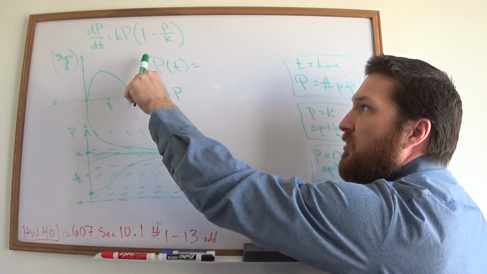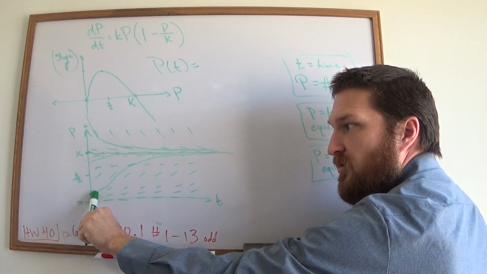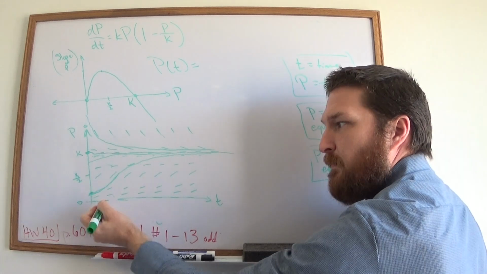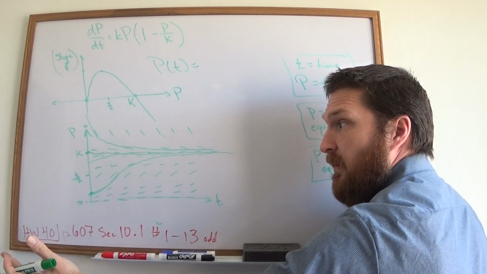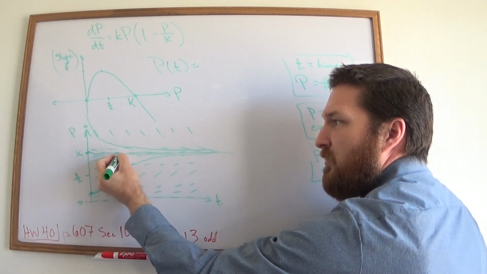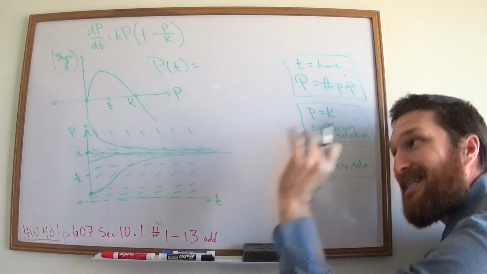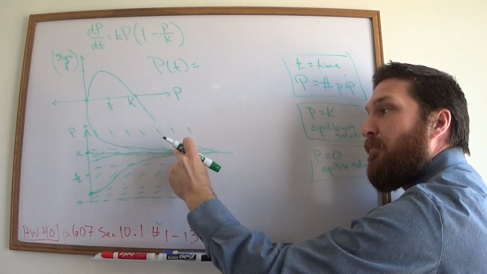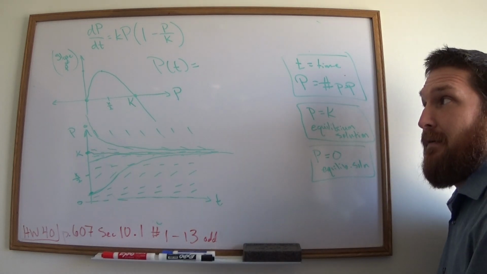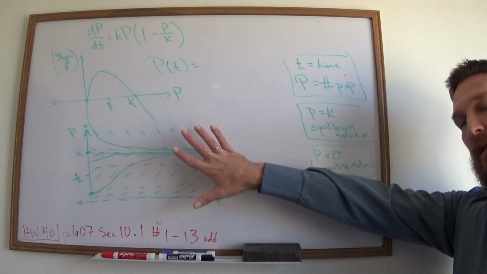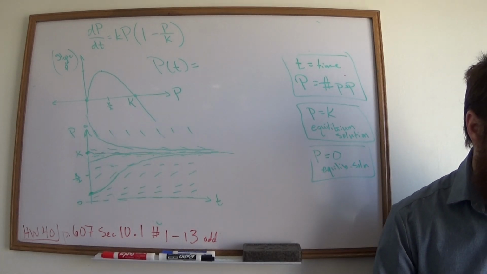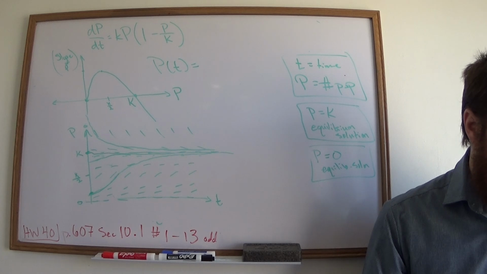If your population starts off small, it looks exponential, doesn't it? It comes up like an exponential. Yeah, that's what we said. If it's bigger, it's not really exponential, but it slowly approaches, like we said, the rate decreases as it approaches carrying capacity. So something like that. Yeah, that's pretty cool. Well, we'll get into how we do all of that, and we'll actually solve it analytically, get an exact solution in 10.3.